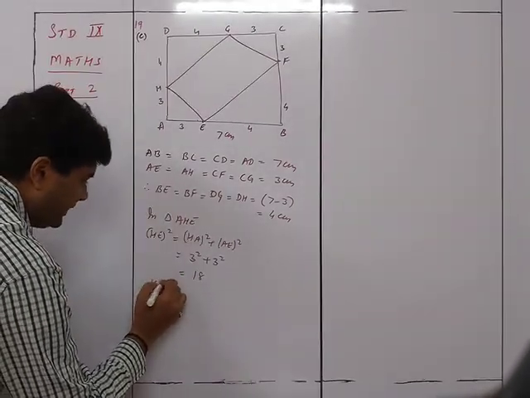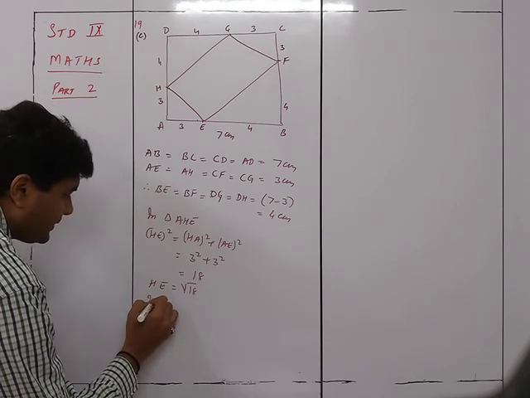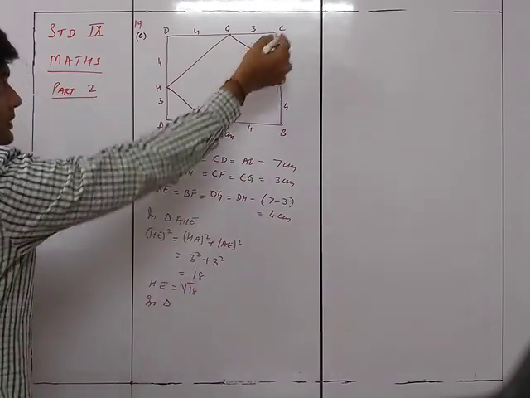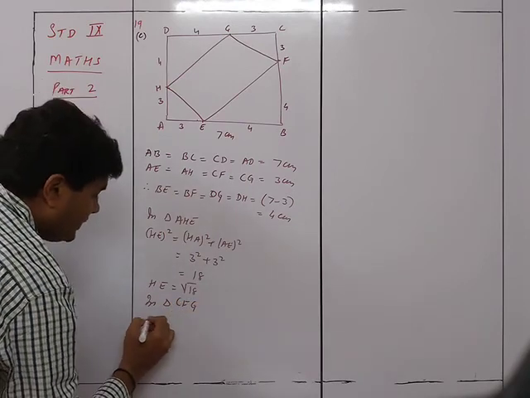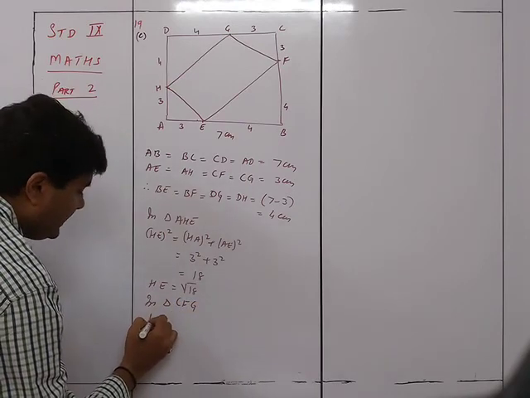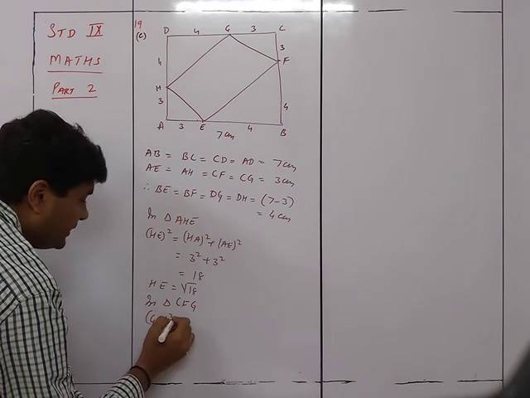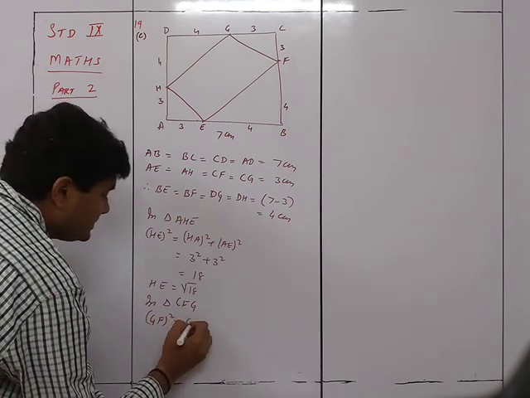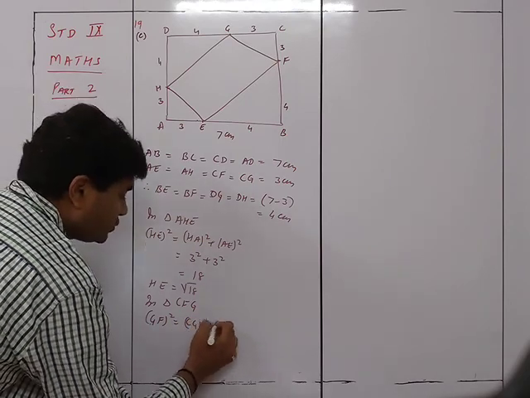So HE is equal to root 18. Similarly in triangle CFG, GF the whole square is equal to CG the whole square plus CF the whole square.